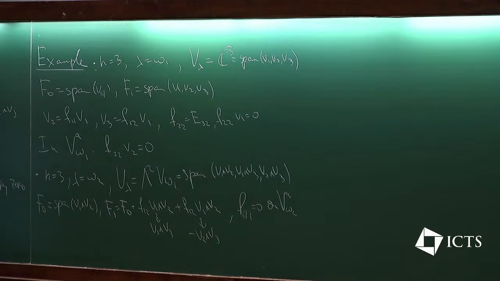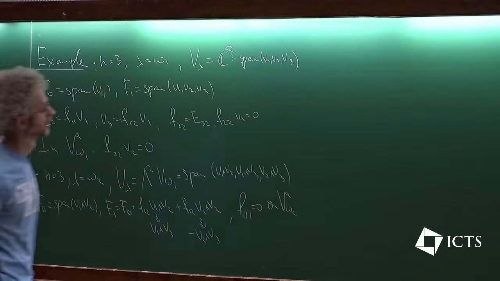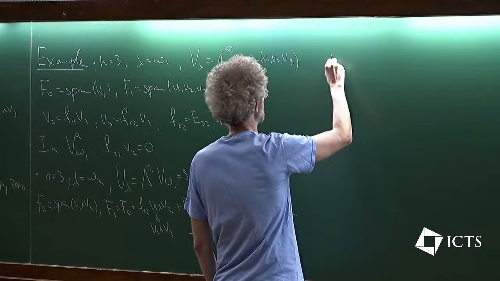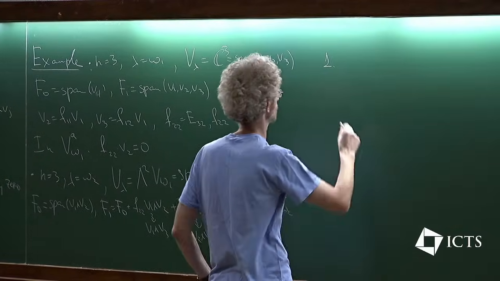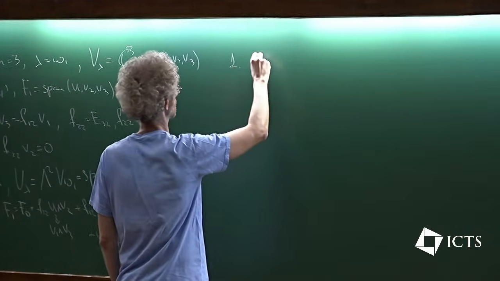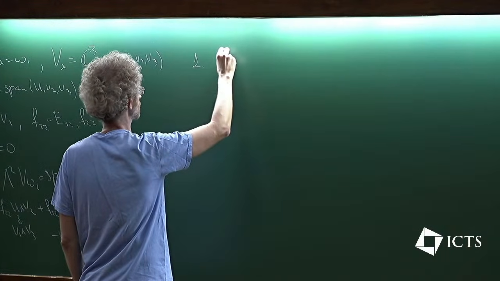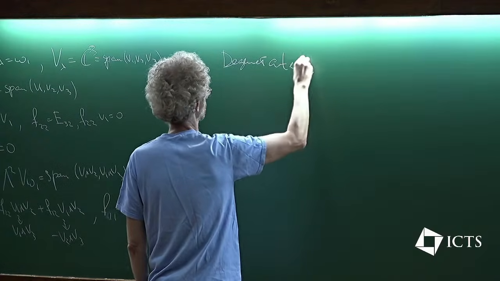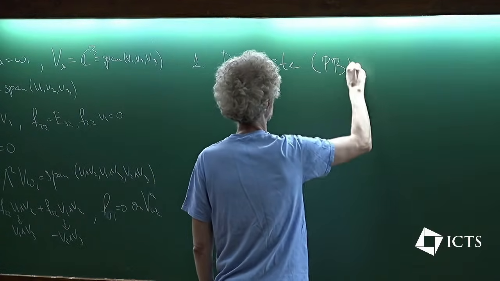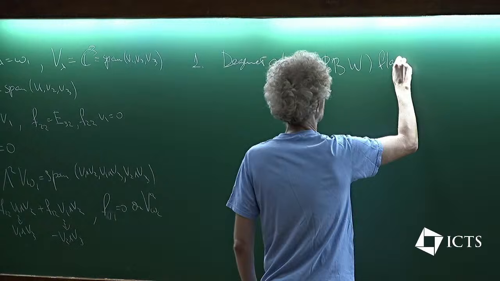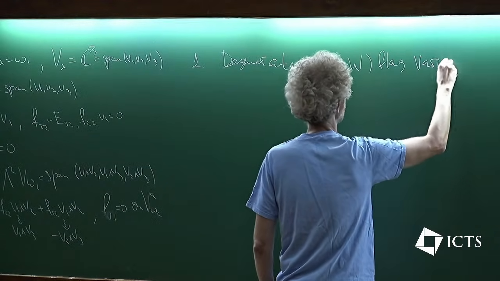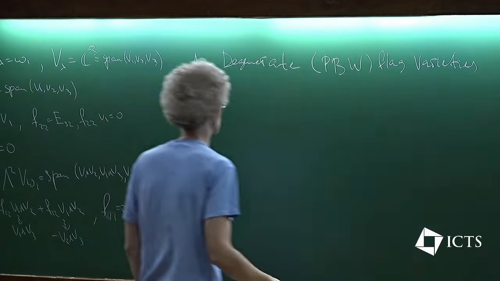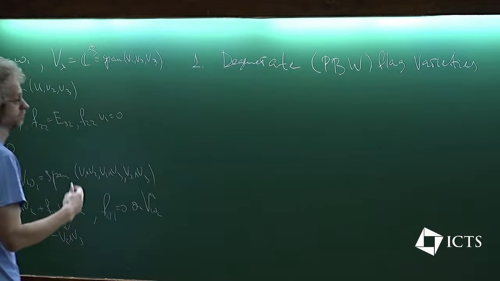We will get back to this in the geometric setting, but this is important. The plan for today is, we'll get back to the degenerate flag varieties, or PBW flag varieties. We introduced them yesterday, but we'll get back to the definition.